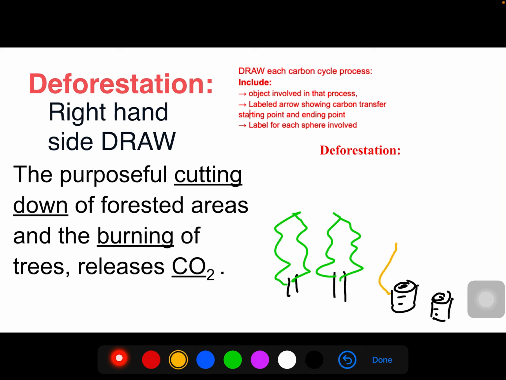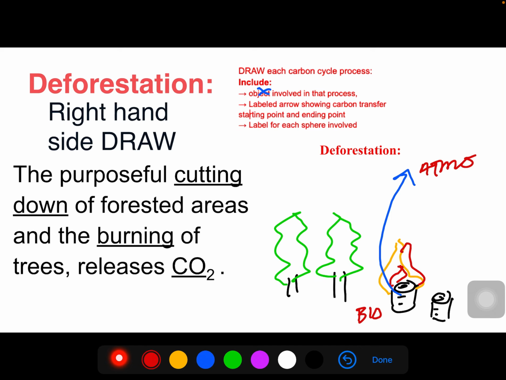They're also being burned, so I'm just going to maybe put a flame on one of these. So I've got my objects, showing the arrow of carbon transfer. We're going from the original tree to the atmosphere. And that would be our biosphere from the living tree to our atmosphere, releasing CO2.